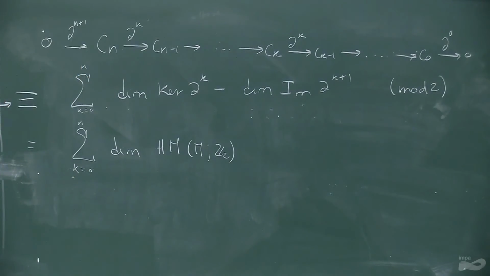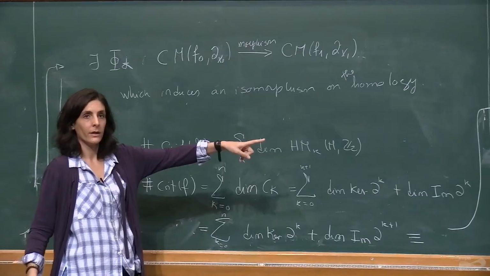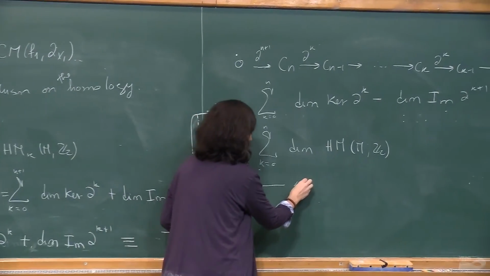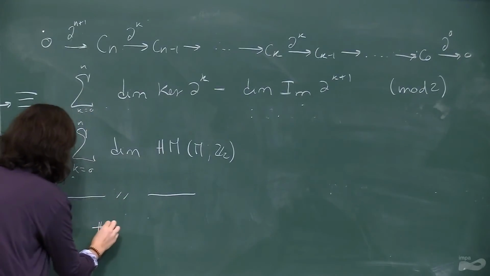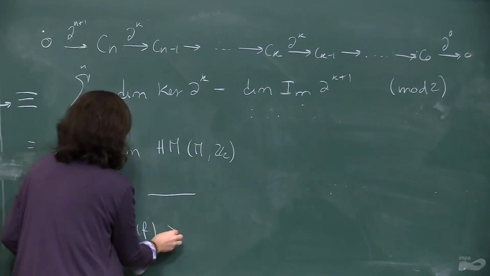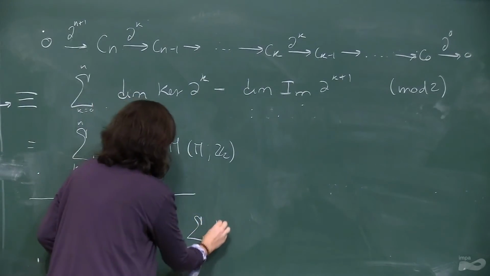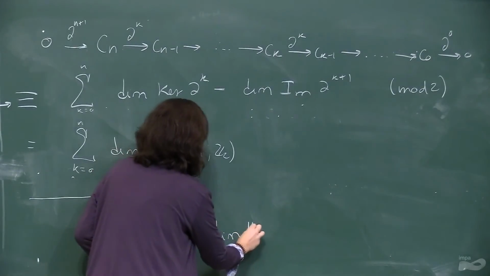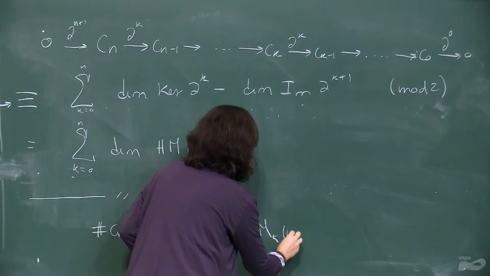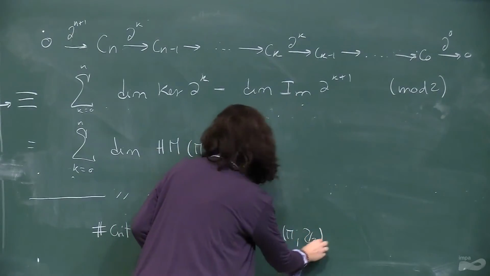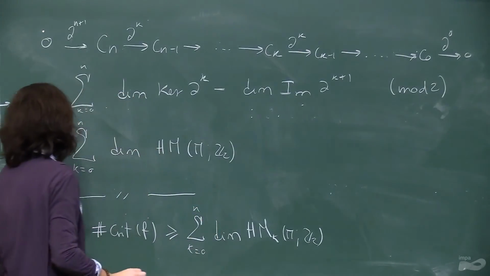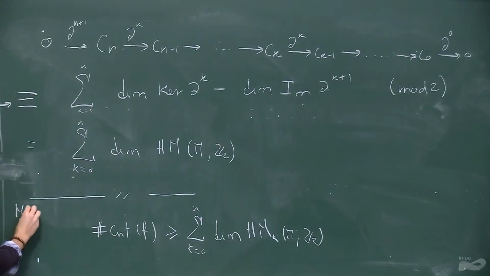So mod 2, this number is equal to that dimension. And using a very similar computation, we can actually prove that the number of critical points of f is greater or equal than the sum of the dimensions of the Morse homology of M over Z2, with k running from 0 to n. And this is called the Morse inequality.